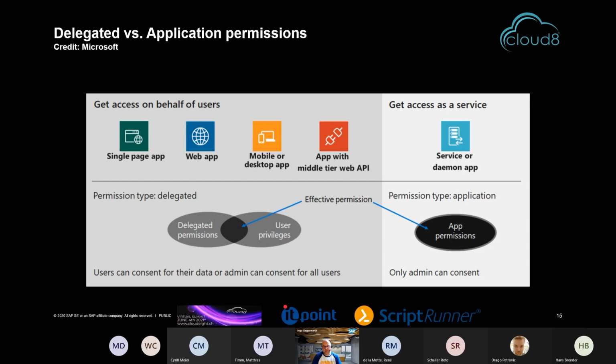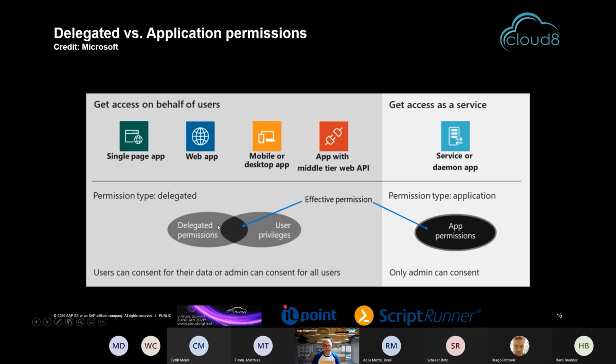Application permissions are only application, and they are listed with the tenant. There's no user, never ever. The effective permission, as you can see here, is only the application permission. It's what the app has.